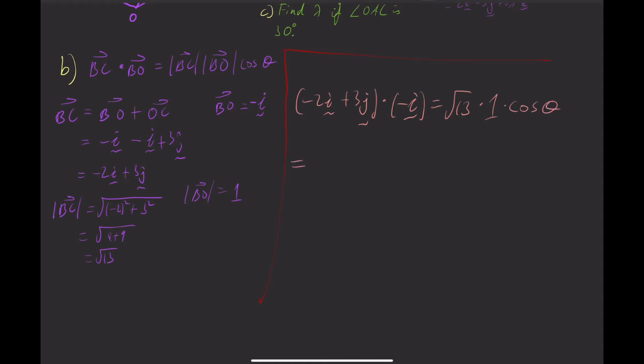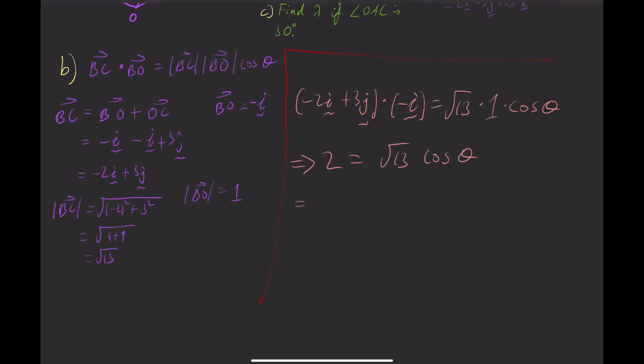When we're calculating our dot product, we do the sum of the products of each component. So negative 2i dotted with negative i will give us 2. And that's going to equal root 13 cosine theta. The j component doesn't contribute because there's no j in this vector.